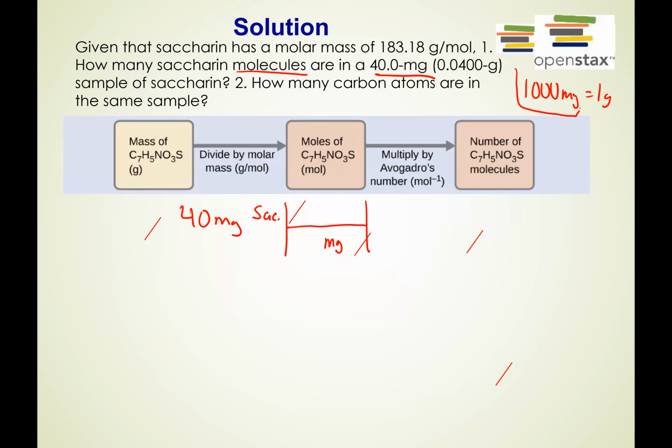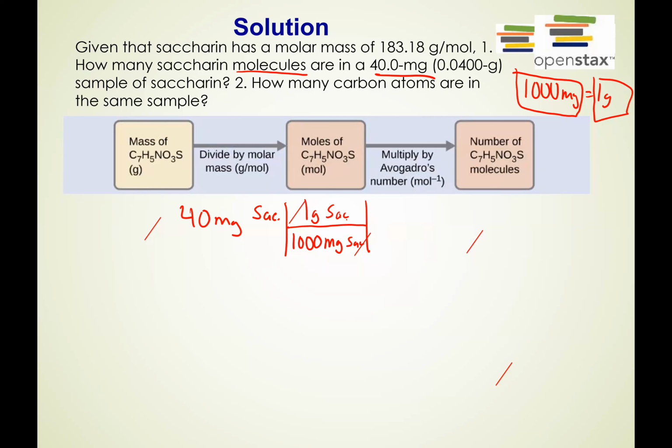If we look at this conversion up here, one of these goes on the top and the other one goes on the bottom. Which one's going to go on the bottom? 1,000 milligrams or 1 gram? 1,000 milligrams. So 1,000 milligrams goes on the bottom, and on top must be 1 gram of saccharin.